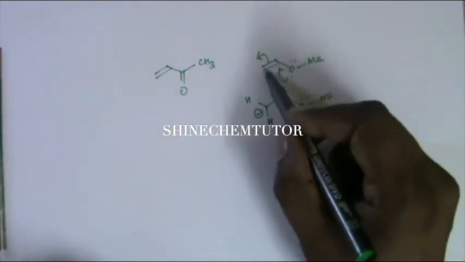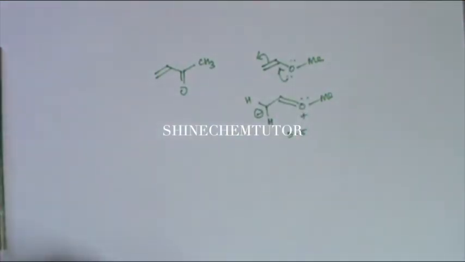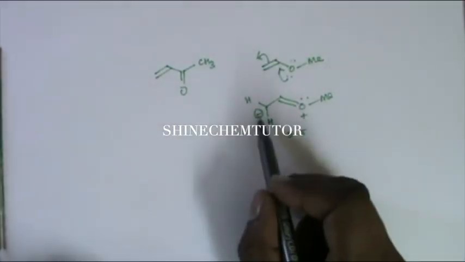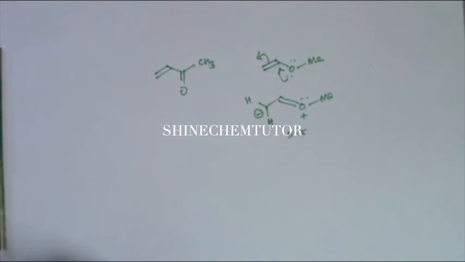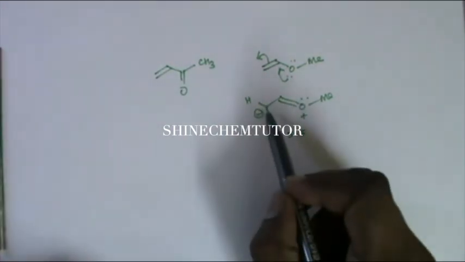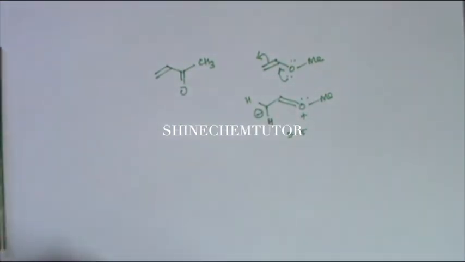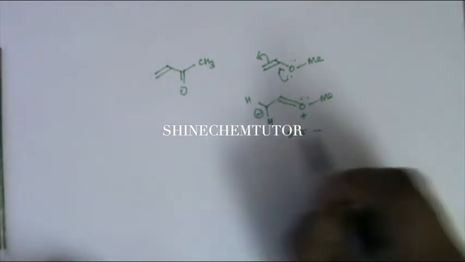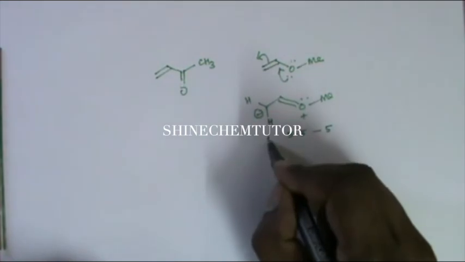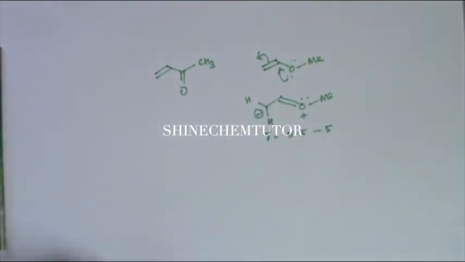Since it is olefinic, generally it will be between 5.5 and 6.5, so even from 5 to 7. Because of this OMe, we get a minus charge on this carbon. Because of that, it is more shielded. So this particular proton appears between 5 and 5.5.